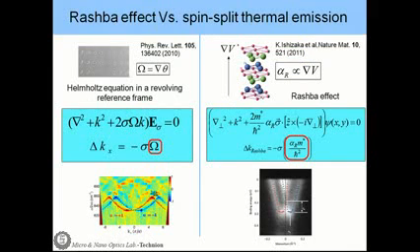It's very nice to see it as an analogy with the Rashba effect in electronics. In Rashba, there is a gradient of potential. Here we have a geometric gradient. We can write the Schrödinger equation for Rashba with the corrected Hamiltonian term. And here we have our Helmholtz equation. The solution here is a spin-dependent momentum shift proportional to the gradient of potential.